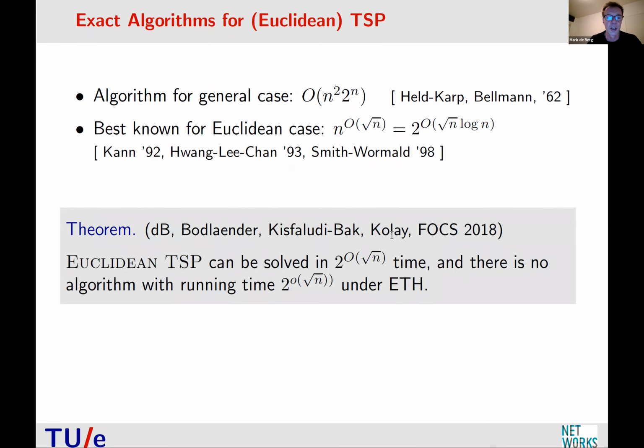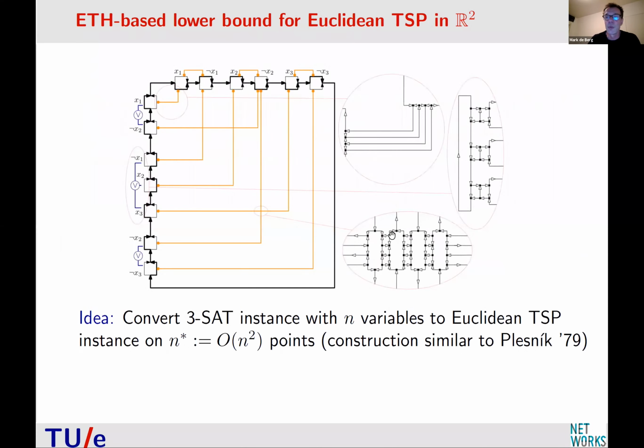And the result is yes, you can, but you cannot do better than that. So you can get 2 to the order square root of n, but not 2 to the little o of square root of n. So maybe first of all, let me hand wave the proof that you cannot do better than 2 to the order square root of n.